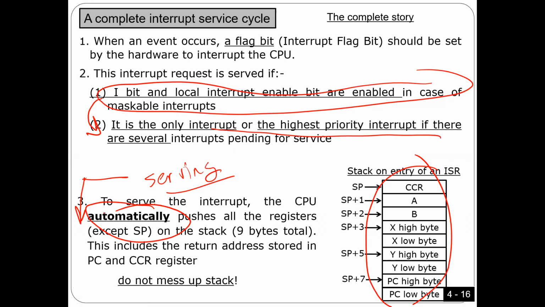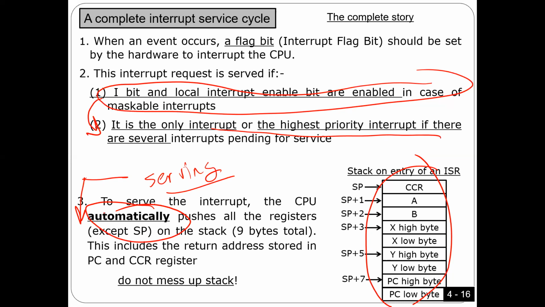I'm going to tell you why we do that. Actually, we did something similar to this, guys. You remember in subroutines when we used to push some registers at the beginning of the subroutine and pull them back at the end of the subroutine? It's exactly the same thing here, but here you don't need to write instructions to do that. It's done automatically.